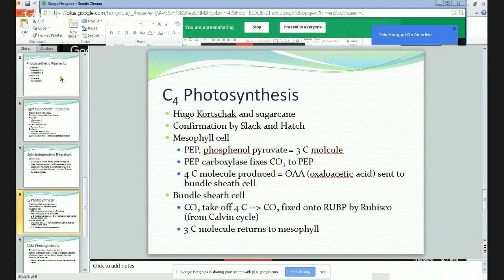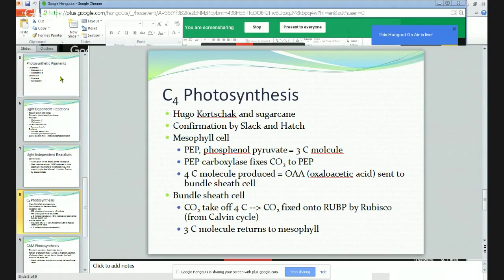So I'll explain the rest of these things like the PEP carboxylase and the oxaloacetic acid, but those are right there for you. And then the rest of the Calvin cycle is going to occur in the bundle sheath cell.